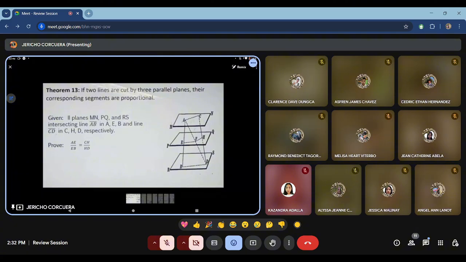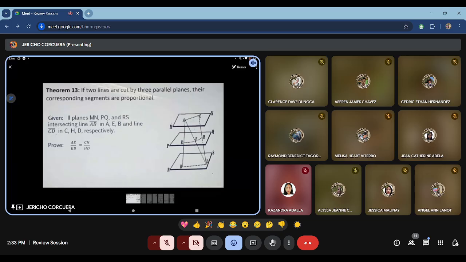So we can see that line segments AC, EH, and BD are proportional because they are cut by three parallel planes. As you can see, the parallel planes MN, PQ, and RS intersect line AB at E and CD at H respectively.